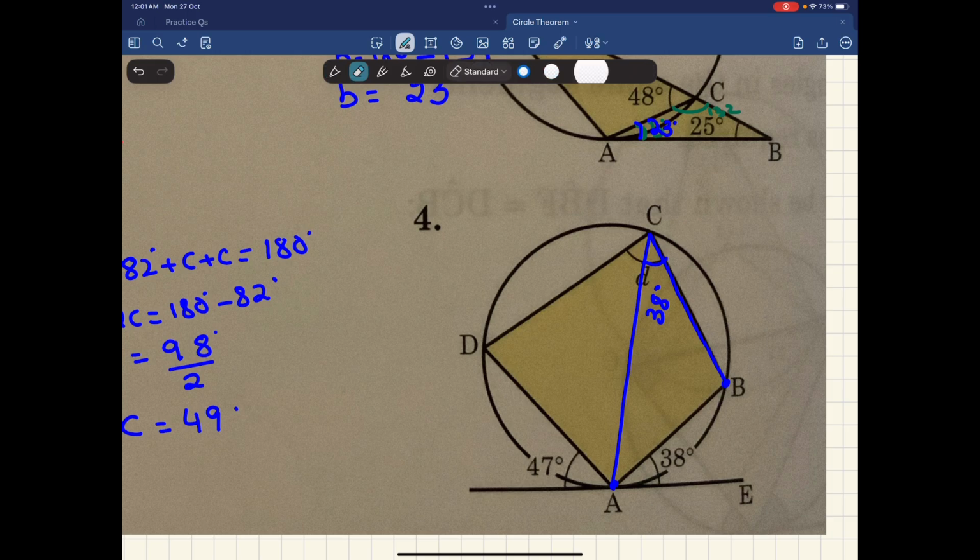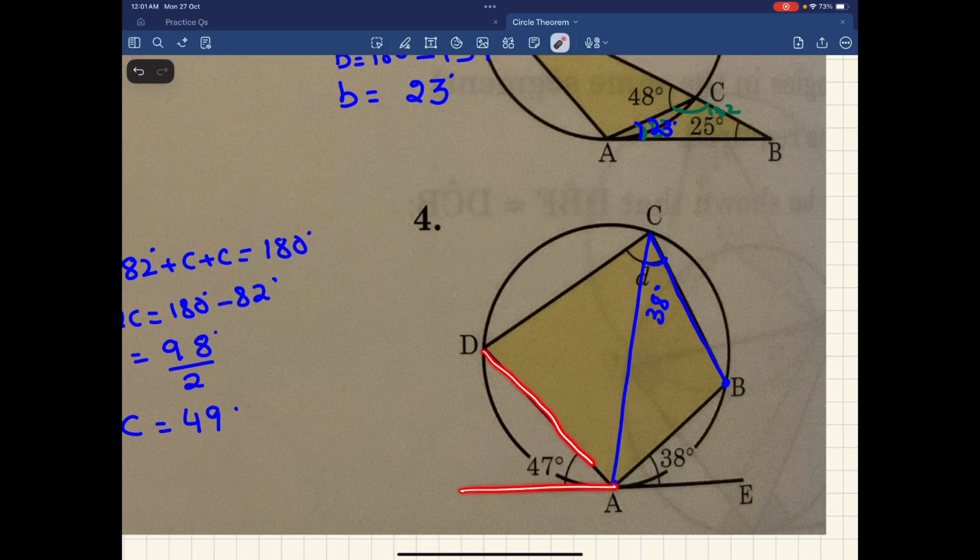Let's look at the other tangent, other chord. So this is the tangent, this is the chord. What is the angle that they're making at the point of contact? 47 degrees. Now let's see what is the angle subtended by the ends of the same chord. So see D, and from A, that is what we have. So this is going to be 47 degrees using the alternate segment theorem.